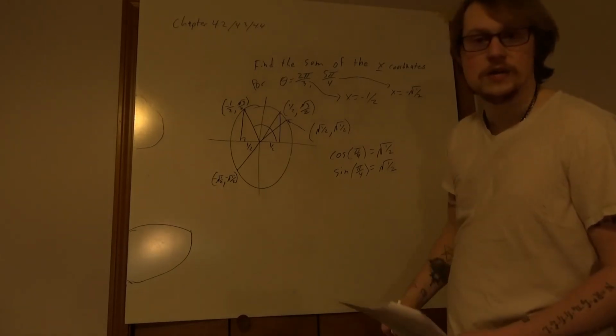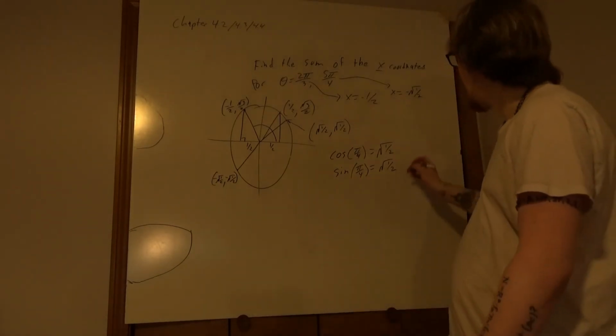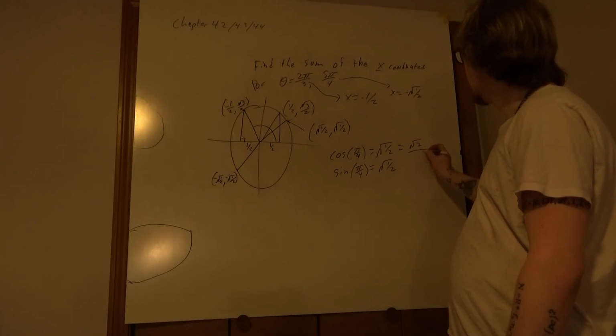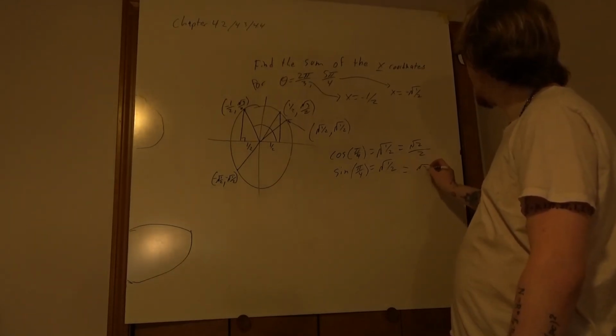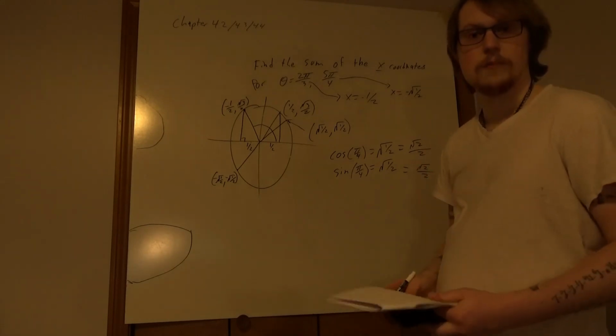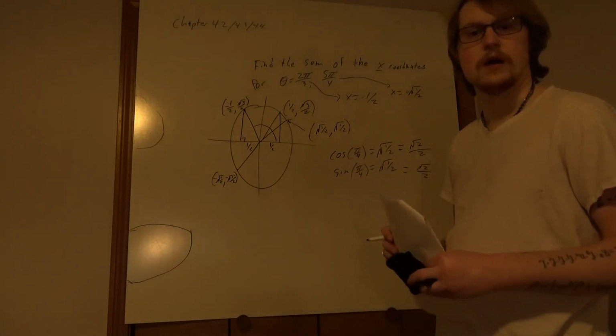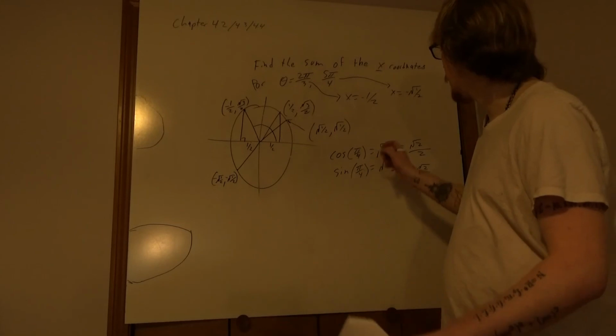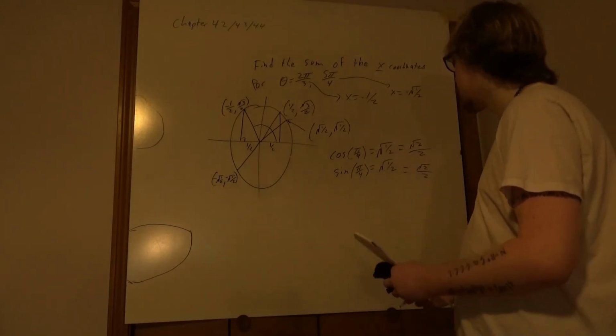You're actually not going to see it in this form. You're going to see it as root 2 over 2. And the reasoning is given in the notes, but just suffice it to say that they are the same expression. Square root of 1/2 is the same as root 2 over 2.